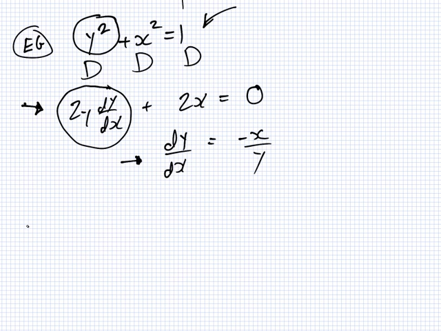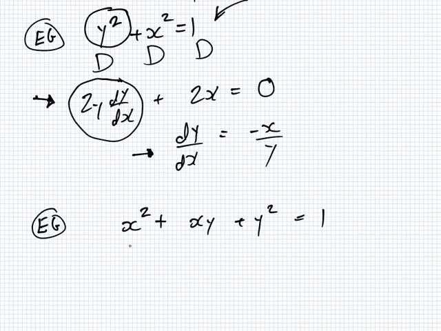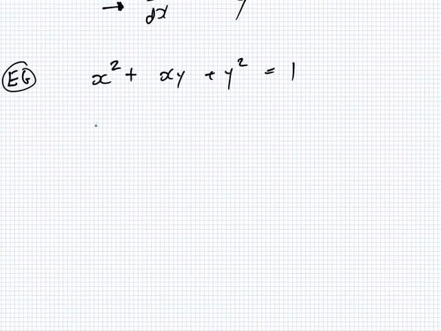Let's have a look at one that's a little bit harder. Let's say x squared plus xy plus y squared equals, again, we'll say 1. We're looking for dy dx, the derivative. Derivative of x squared? 2x. Be careful here, because this is a product.